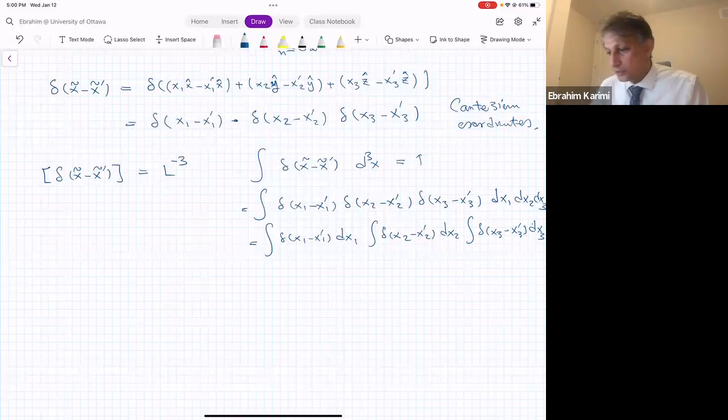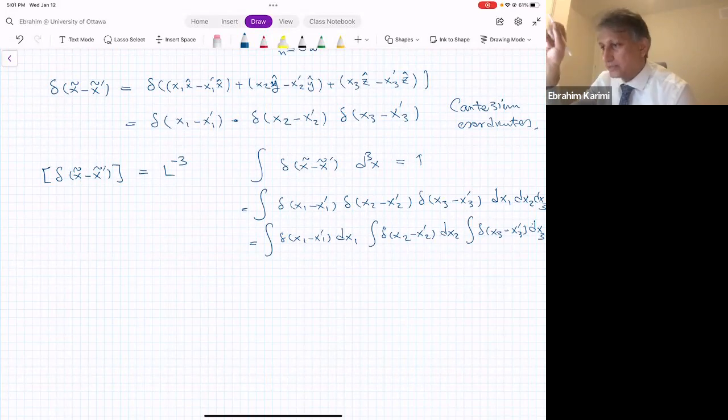Okay, and from this you can read that the dimension for the vector delta will be L to the power of minus the dimension, which in this case is a 3-dimensional vector, so the power of minus 3. I say that this is in Cartesian coordinates because I chose the coordinates to have length dimension.